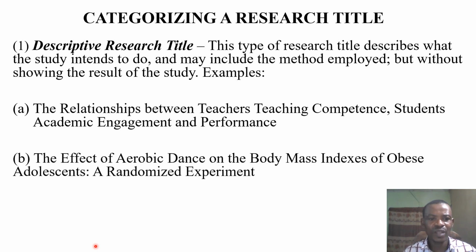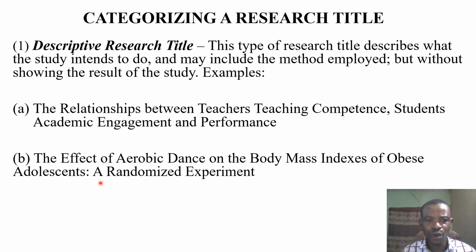Another example we can talk about is the effect of aerobic dance on the body mass indices of obese adolescents: a randomized experiment. Look at this title. It's describing the effect aerobic dance could have on body mass indices of obese adolescents.